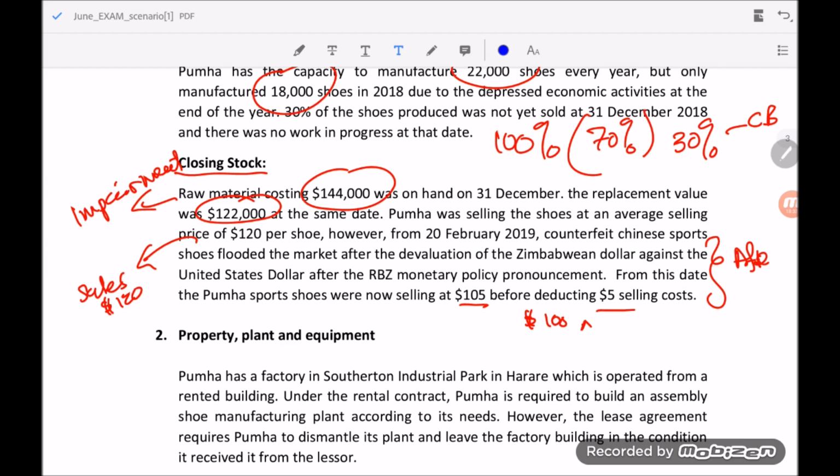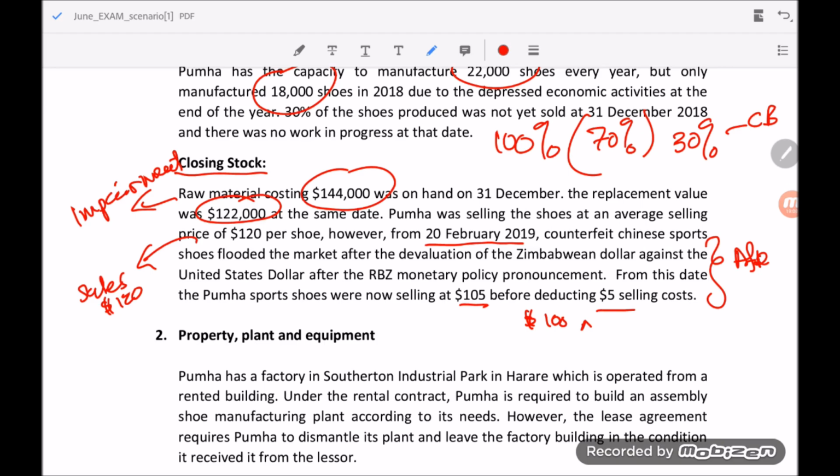And I think as you can clearly see here, the cause of the impairment might have been caused by the events which took place from 20 February 2019, which means these did not exist as of 31 December 2018. So this becomes a non-adjusting event. So you see, this is important information that we got. You've got a deep understanding of the issues relating to inventory. Okay, so good stuff over there.